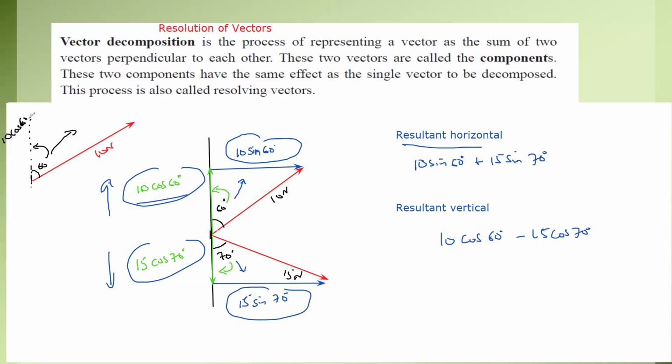And there was a component opposite to the angle, and that's why it is 10 sine 60. So the important thing about the resolution of a vector depends on the angle.